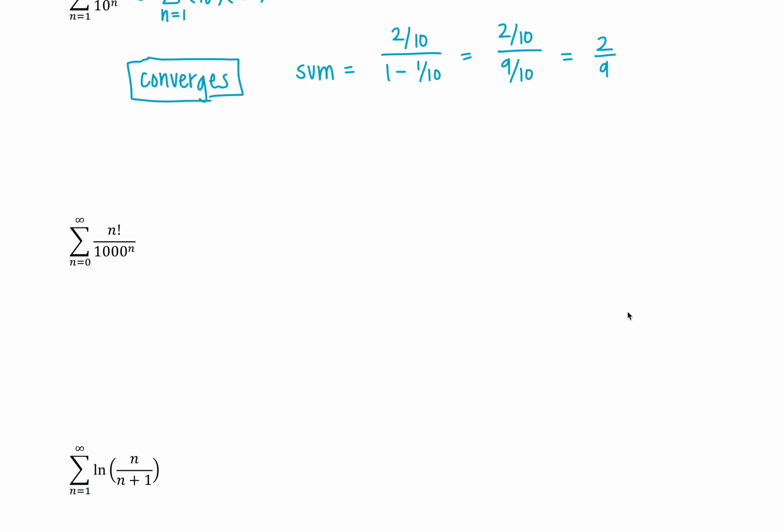So if I look at the nth term, not the nth partial sum, just the nth term, and I look as n goes to infinity of n factorial over 1,000 to the nth power, again, because factorials grow faster than exponents, this is going to have a limit of infinity. So by the nth term test, we can say that the series diverges.